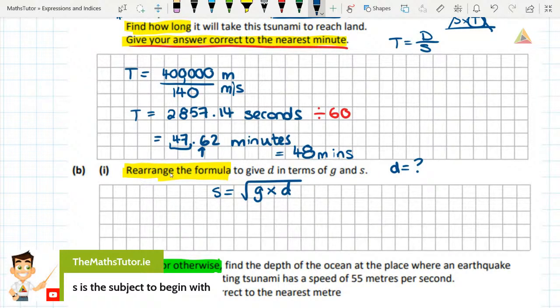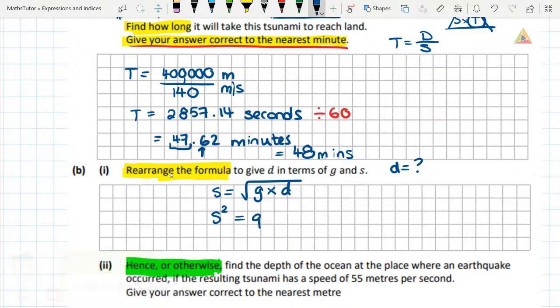What's different about this one to the other example we looked at is that here we have a square root. So to undo a square root, or to get rid of that square root, we're going to have to square both sides.